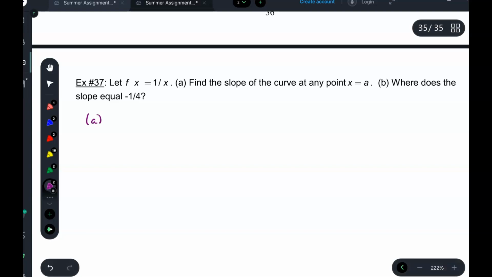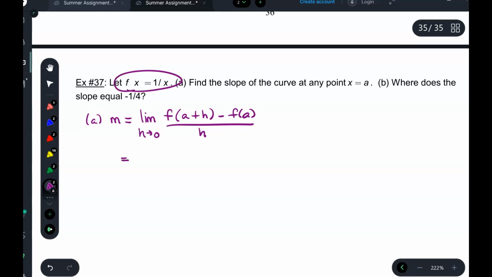So for part A, m is equal to the limit as h approaches 0 of f of a plus h minus f of a all over h. And our function is this 1 over x.